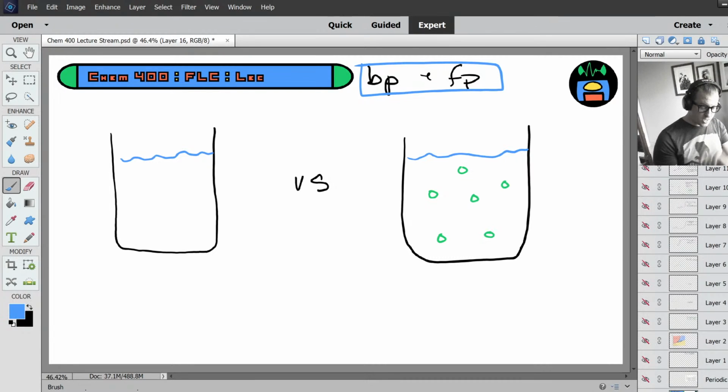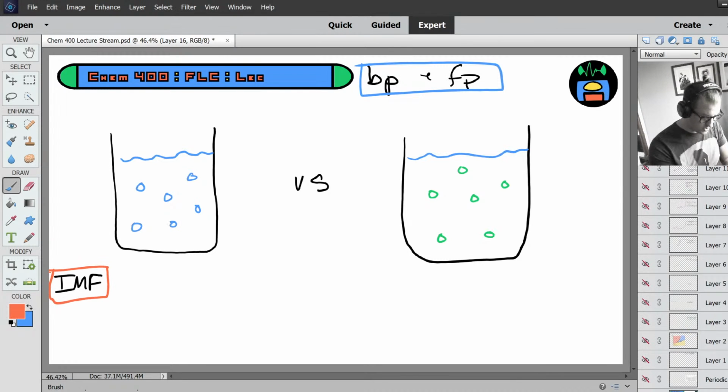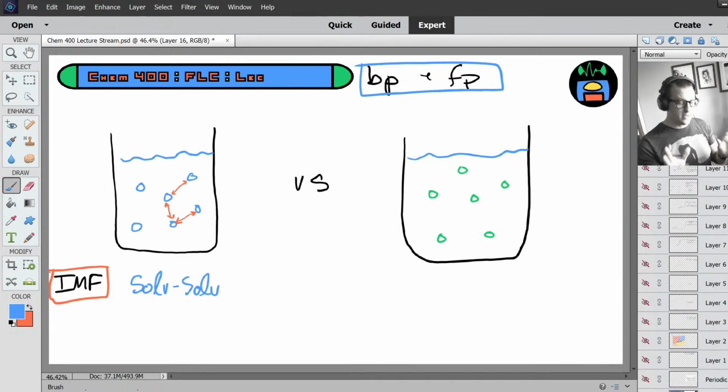When we're talking about a pure solvent, the only things present here are other solvent molecules. So the only intermolecular forces around when you have a sample of pure solvent are the intermolecular attractions between individual solvent molecules, solvent molecules being attracted to other solvent molecules.